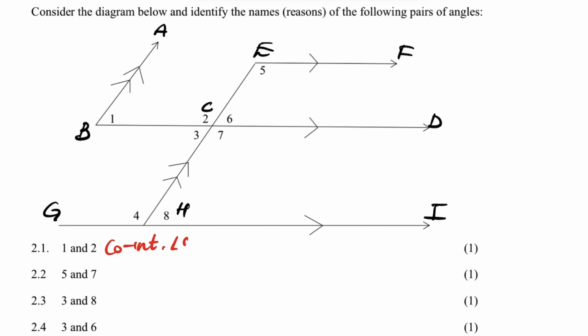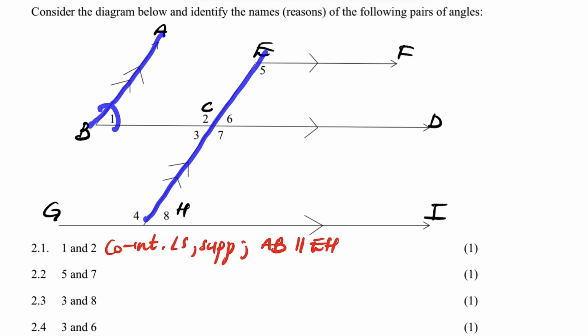Co-interior angles are supplementary. Why? Because line AB is parallel to line EH, which is this one parallel to this one. These are co-interior.